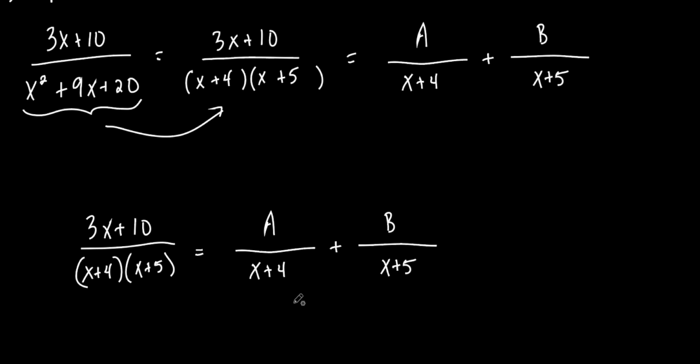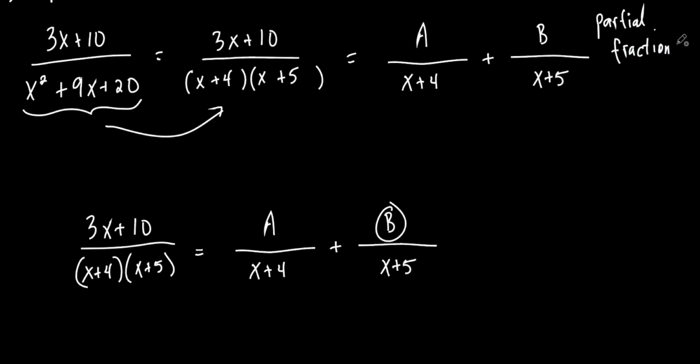Everybody got that? So here's what I want to do. I want to find what a is equal to, all right? And then I want to find what b is equal to. If I can do that, I can put the a right there, I can put the b right there, and then I've split this thing into partial fractions.